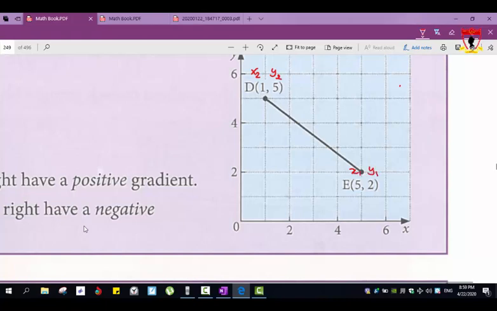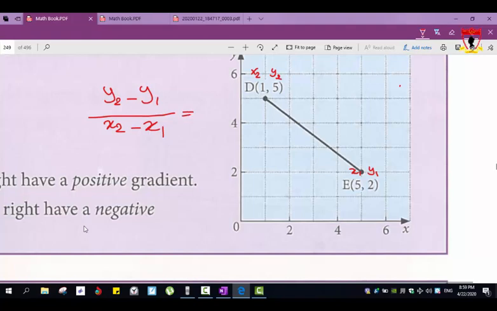Now the rule to find gradient is always like this. y2 minus y1 over x2 minus x1. This result is the gradient.